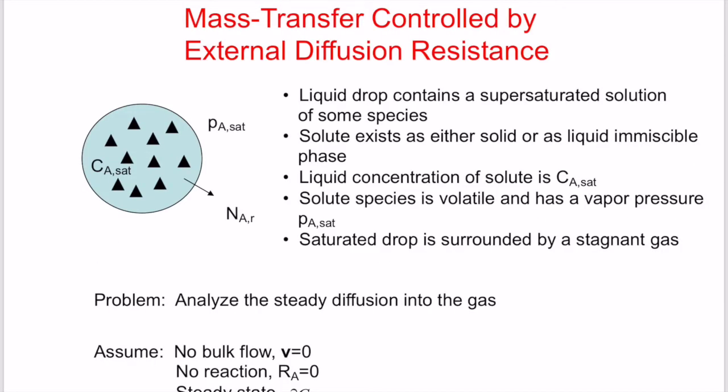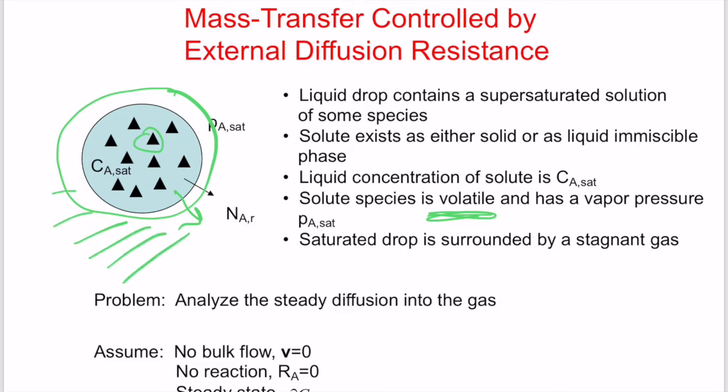Okay, so here we have an example of a spherical droplet of a solution that's got some type of solute that is volatile and is evaporating out of the spherical droplet and into the surrounding medium.